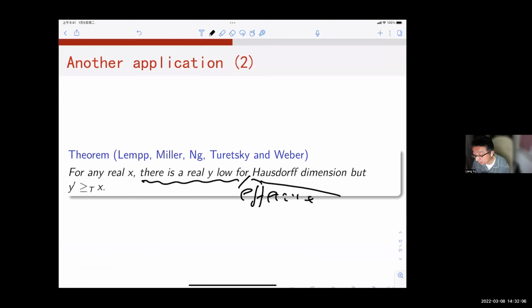So it's like Schnorr randomness in this case, and we can apply this result. The point is we need a low-for notion such that you have a definable way to make it very powerful.